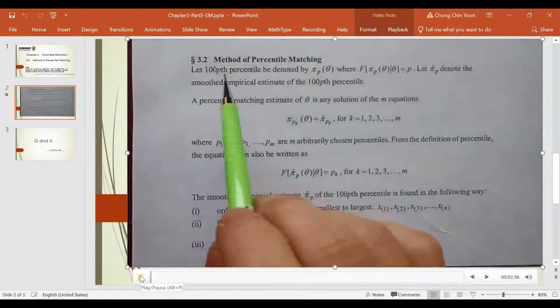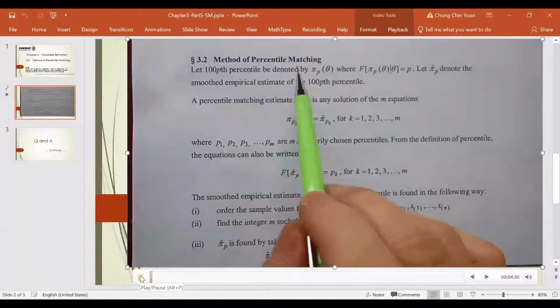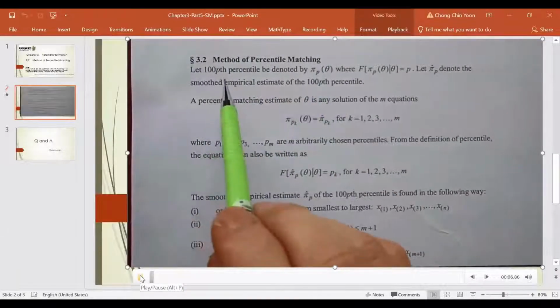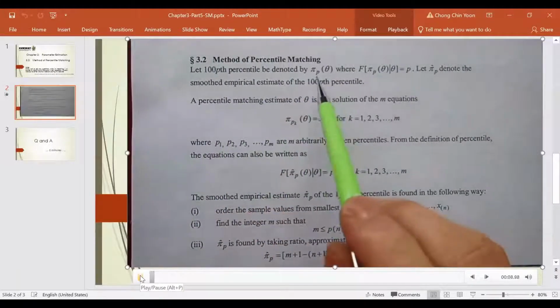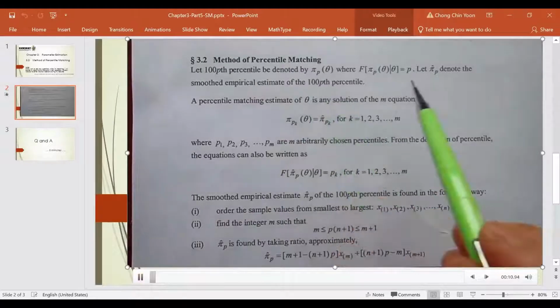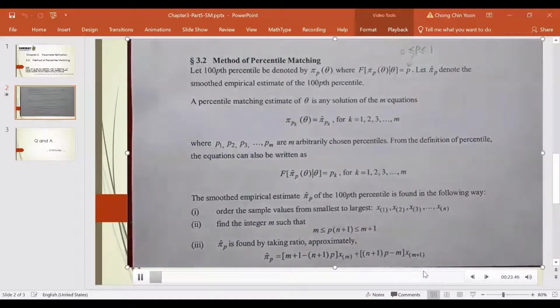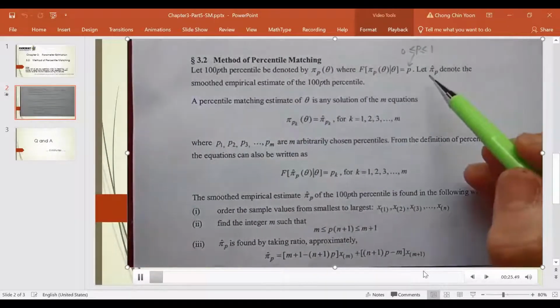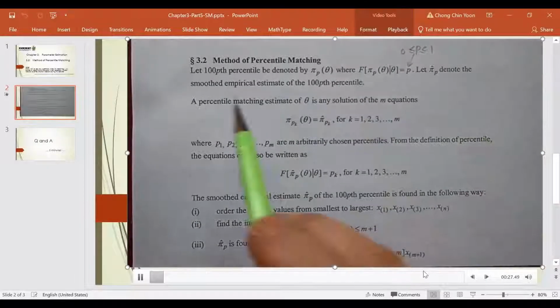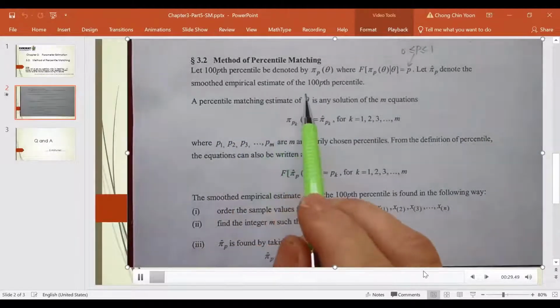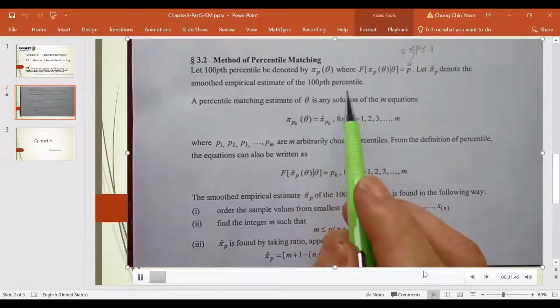Section 3.2, Method of Percentile Matching. Let the 100p percentile be denoted by pi_p of theta, where the CDF at pi_p given theta is equal to p, where p is bounded from 0 to 1. Let pi_p hat denote the smoothed empirical estimate of the 100p percentile.